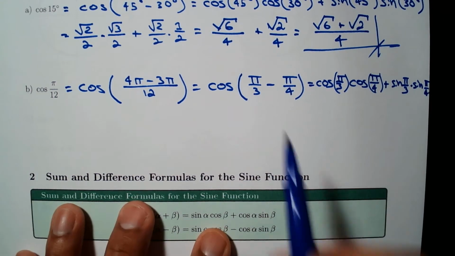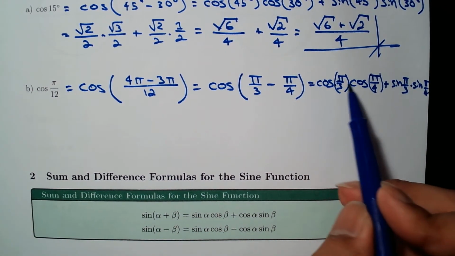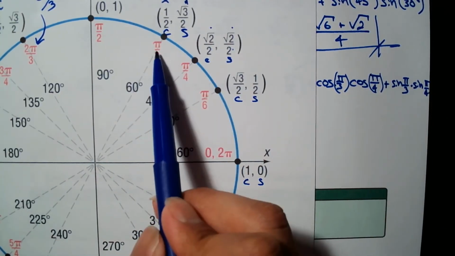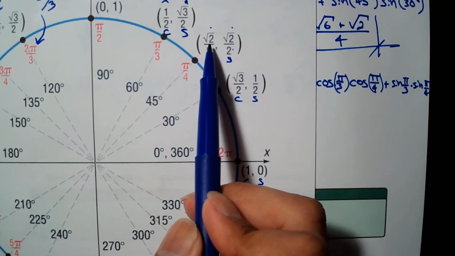Alright, so now we're going to use the unit circle to evaluate cosine pi over 3 and cosine pi over 4. Cosine is the x quantity, so cosine pi over 3 is 1/2 times square root of 2 over 2.